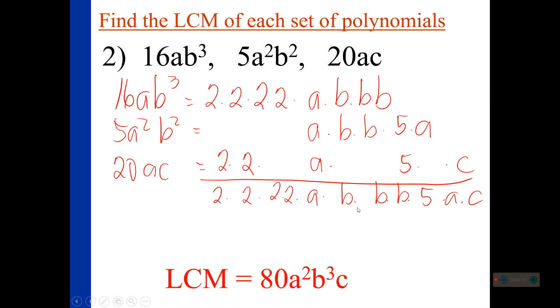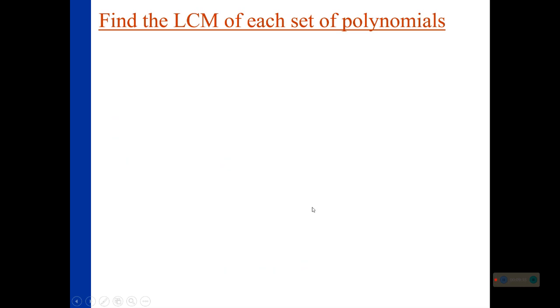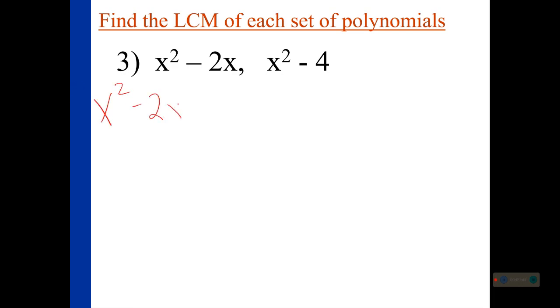Okay. Let's proceed. We have the third one. x squared minus 2x and x squared minus 4. So we have to factor out first x squared minus 2x. So you may express this as x times x minus 2. And then we have to factor out x squared minus 4.